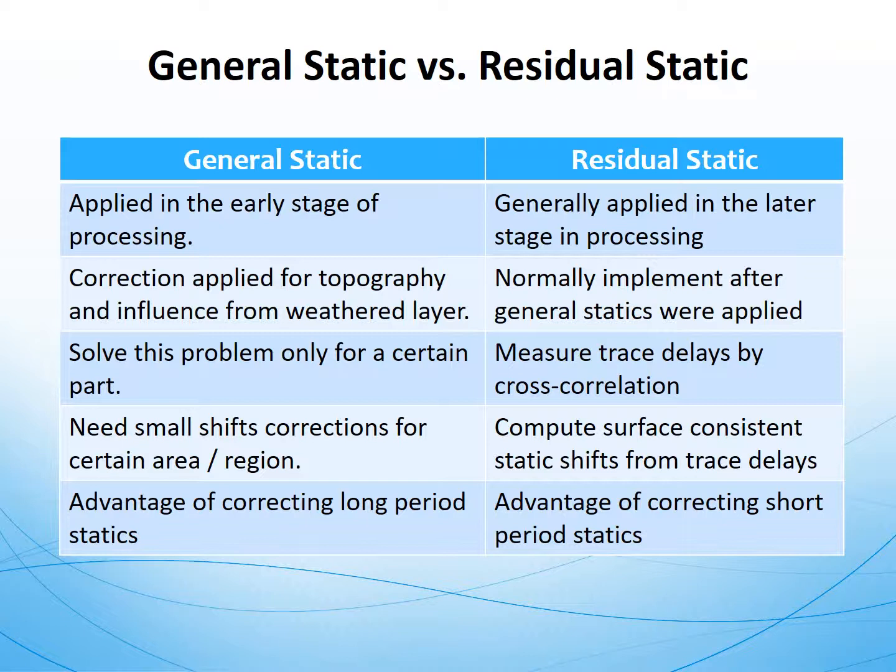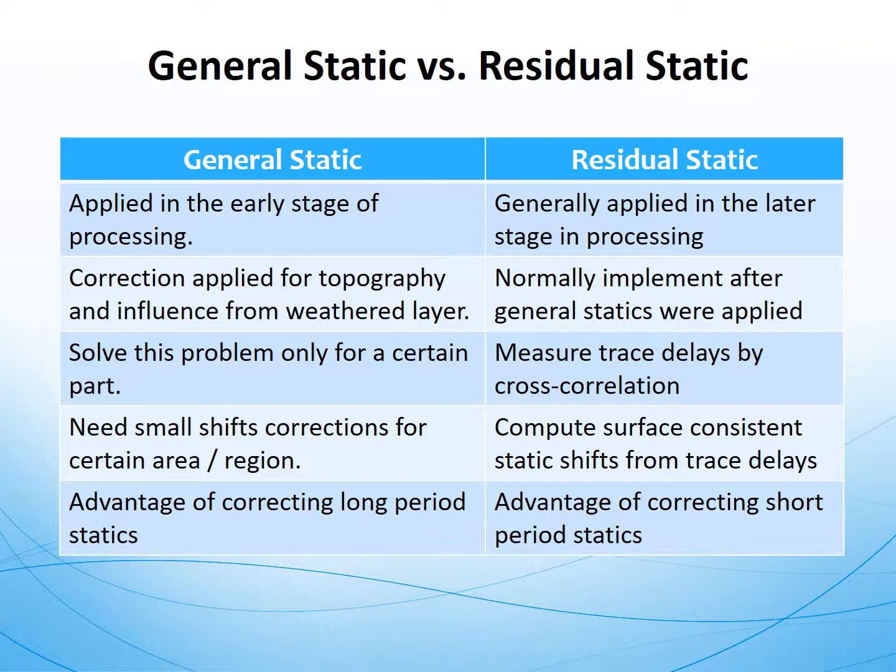The general static correction is generally applied to topography and influence from the weathered layer, in order to remove the weathered layer problems, while the residual static is implemented after the general static has been applied, at the later stage of the processing.